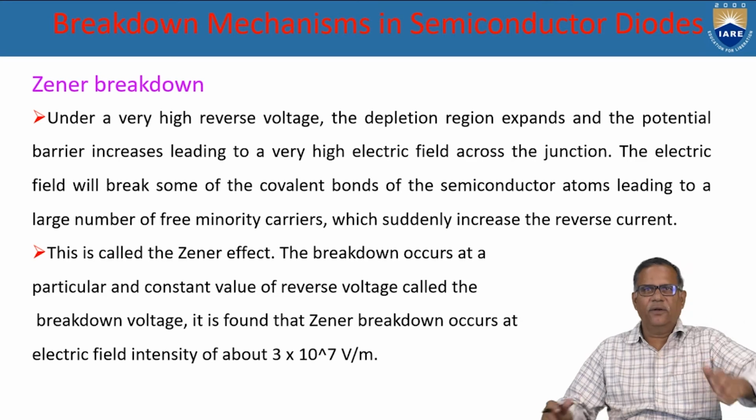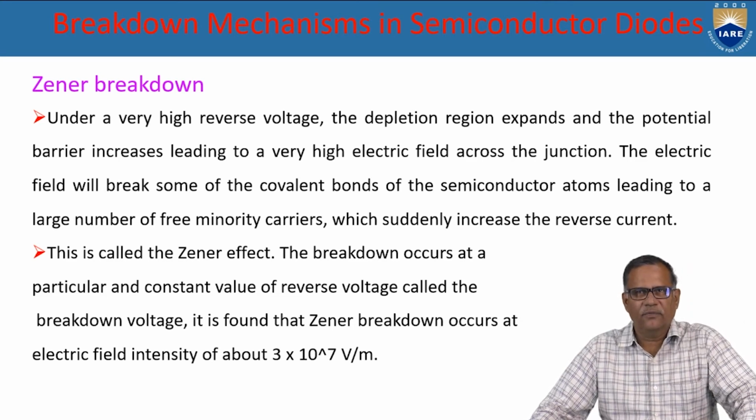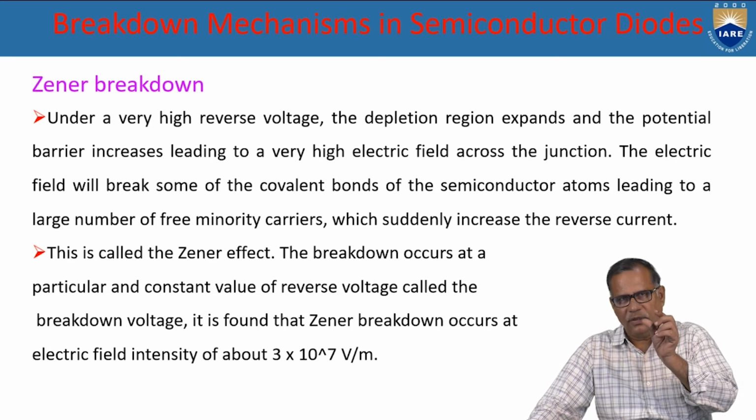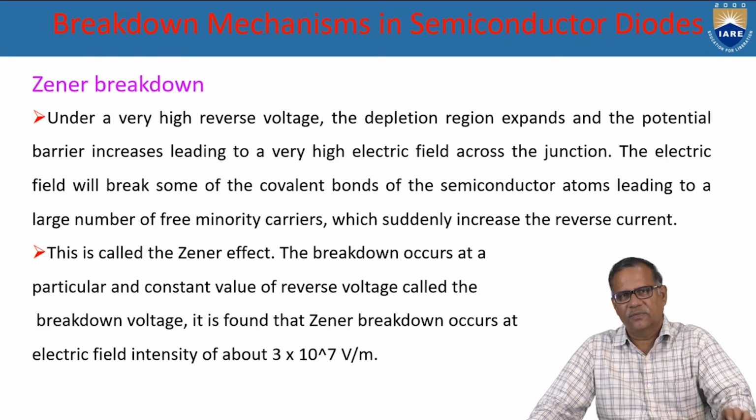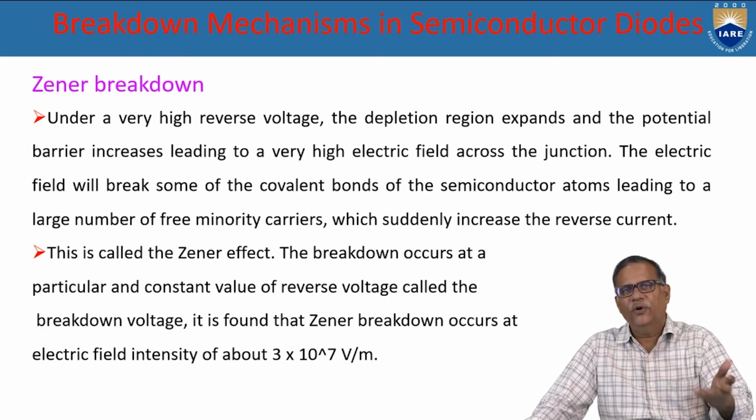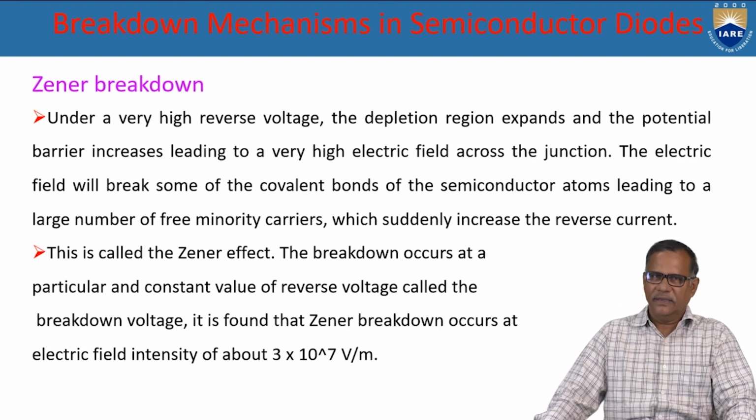And the Zener breakdown is another type of breakdown which occurs in the Zener diode. In a Zener diode, the junction width is small because of high doping of the P and N regions.